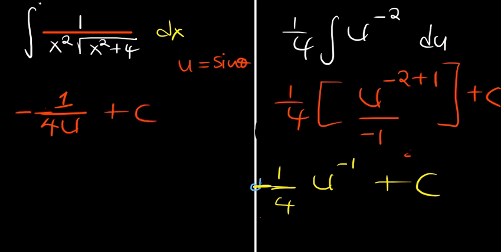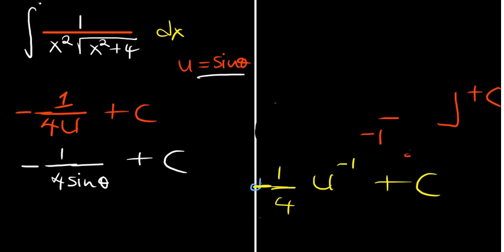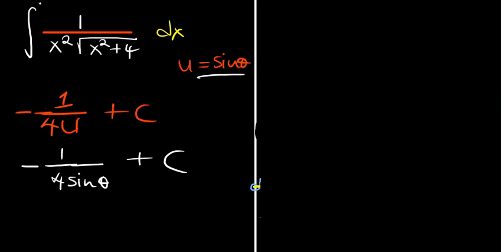Now don't forget that our u is sine theta, so that is negative 1 over 4 sine of theta plus constant c. So we have to take this back to where we started from, in terms of x. So let's come up with a triangle.